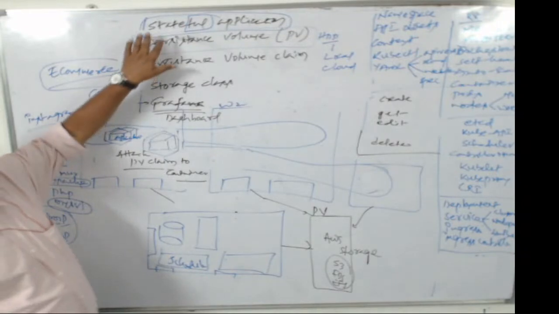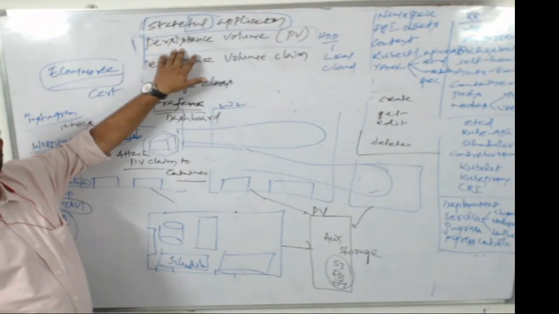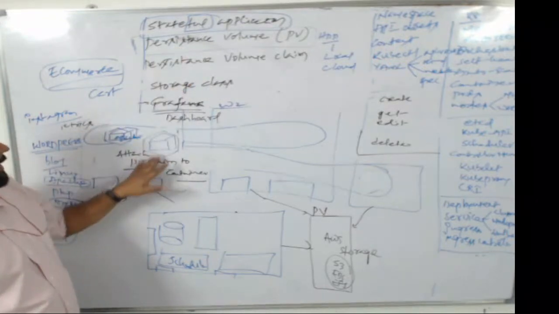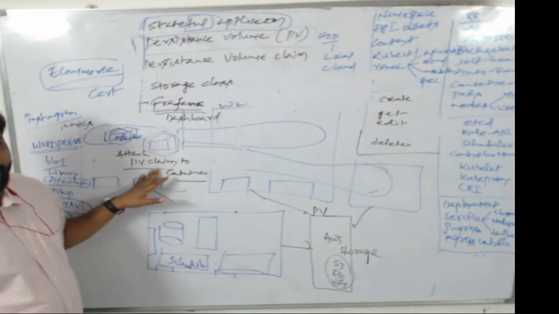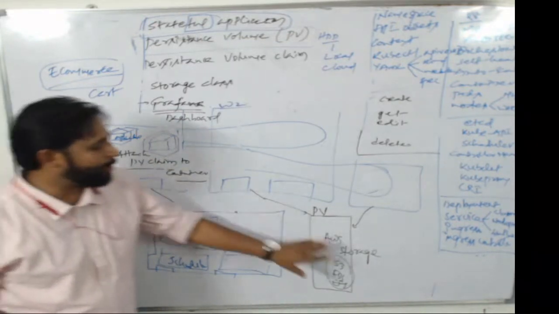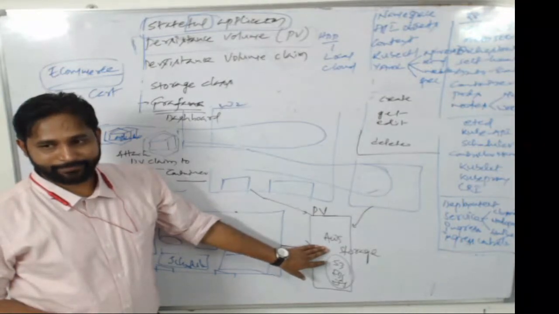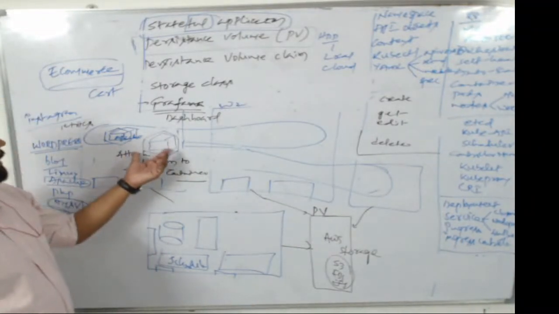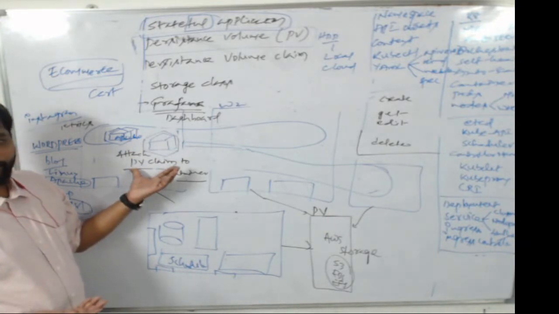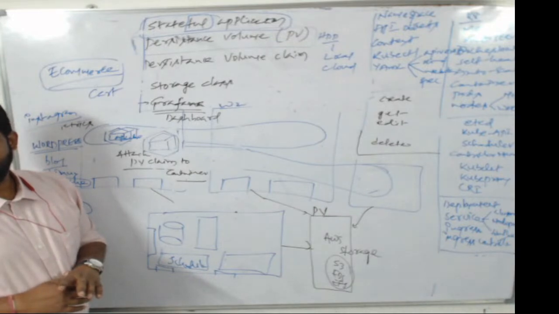So stateful applications, when deployed, because they need a persistence volume, are usually attached with a claim. If the container does not have the claim, it cannot get the persistence volume. Clear? So a container or a pod always needs a claim if it is looking for storage or a persistence volume.